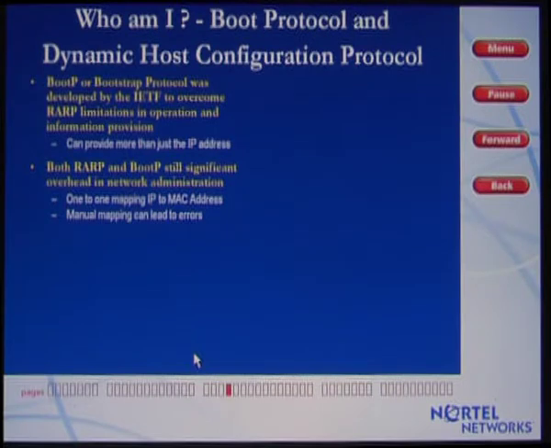BootP is an Internet protocol that can provide network configuration information to diskless workstations or other workstations, if necessary, on a local network. It works in a similar manner to RARP. Information returned by the BootP server to the booting computer includes its IP address, the IP address of the server, the host name of the server, and the IP address of a default router.